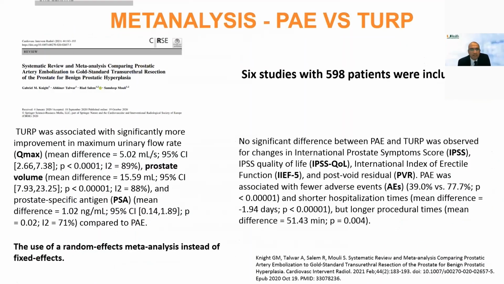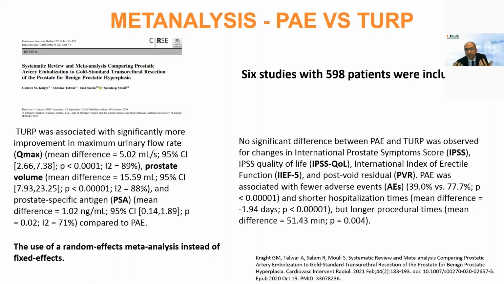There's another meta-analysis published relatively recently of prostate artery embolization versus TURP. It showed TURP was associated with significantly more improvement in the Qmax, or maximum flow rate, which I did touch upon. I think there is no way anything else can compete with TURP on prostate volume and PSA.